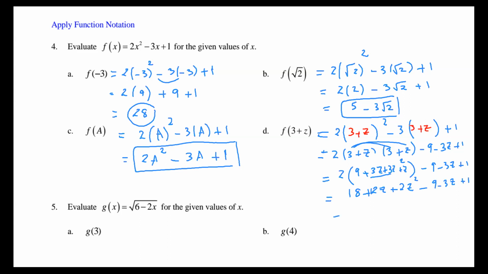Now combine the like terms, so we get 2z squared, 12z minus 3z is 9z. And 18 minus 9 is 9, 9 plus 1 is 10. So basically, I just grouped all the like terms. So we get the answer.